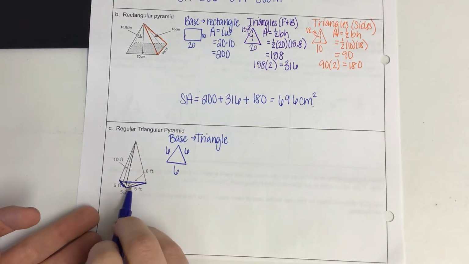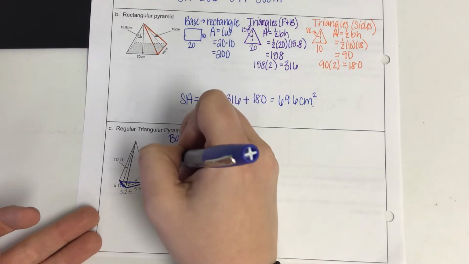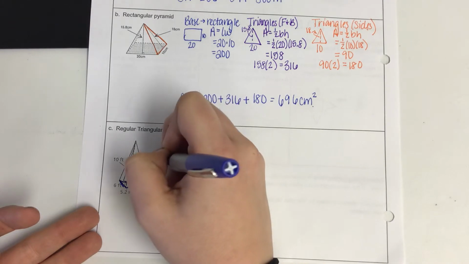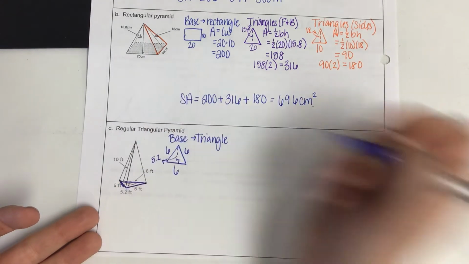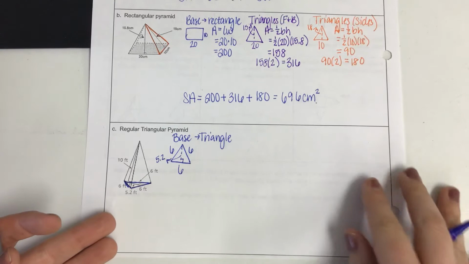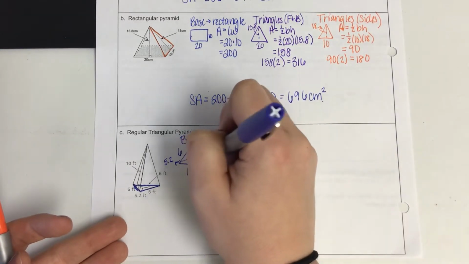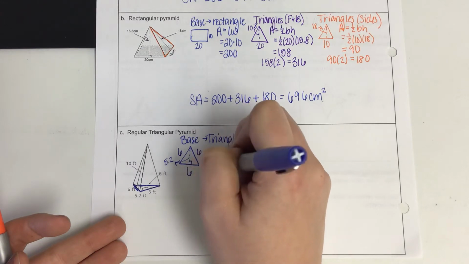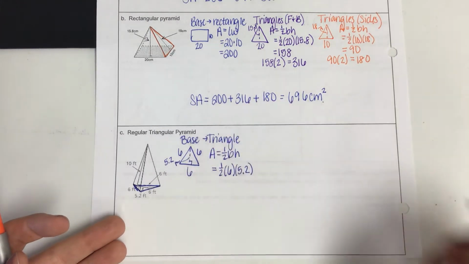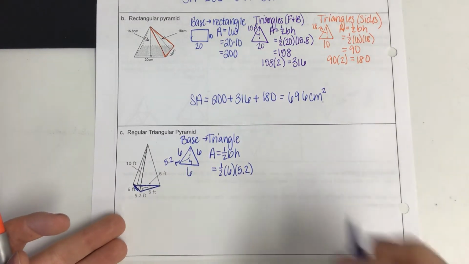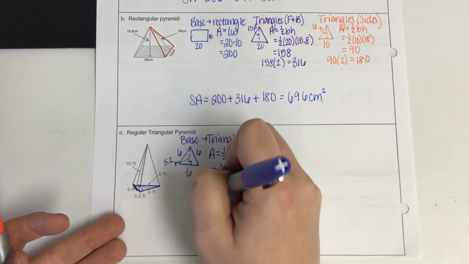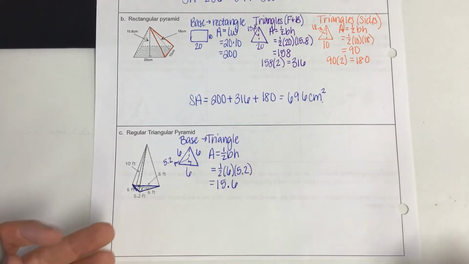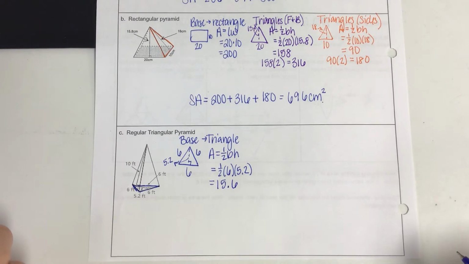And then our 5.2 is pointing to this line down the middle, which shows us our height. So to find the area of this triangle, we use the same formula. Area equals 1/2 base times height. So that's 1/2 times 6 times 5.2, which gives me 15.6 as the area for the base of my triangle.